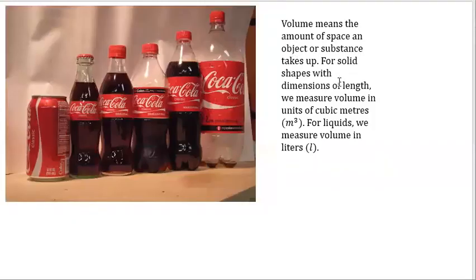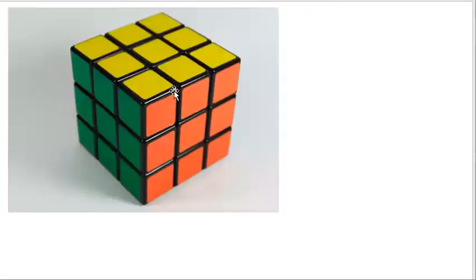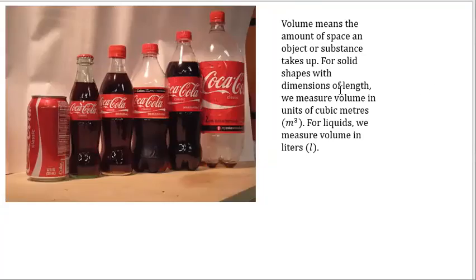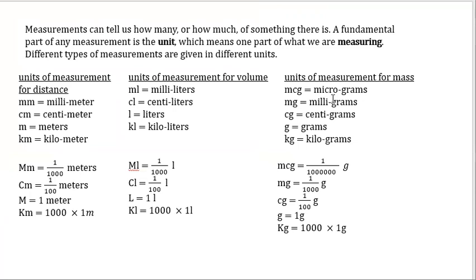So the explanation goes on to say that for solid shapes, and when I say solid shapes, they're talking about this cube here. So for solid shapes with dimensions of length, do you remember our slide where we did our conversions here?